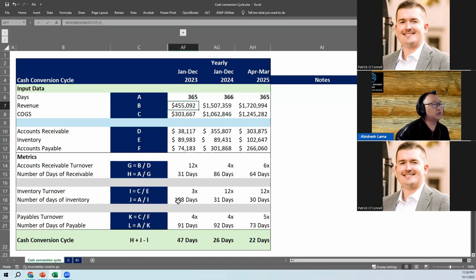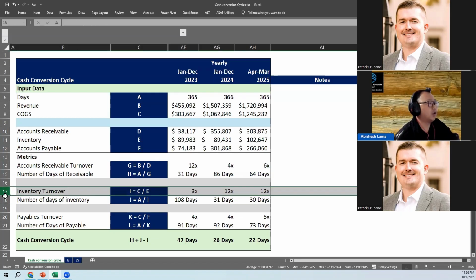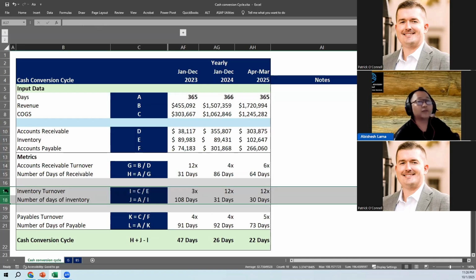So what could be the reason? If you are selling more, definitely you would want to stock more inventory so that there's no inventory outage. In this case, what had happened was they did not have a bigger warehouse.